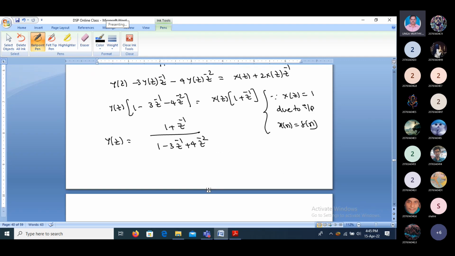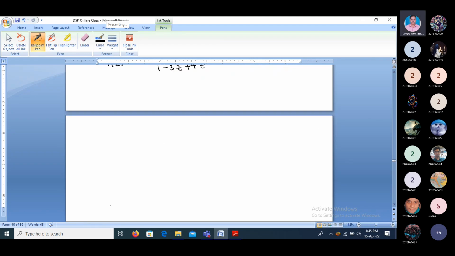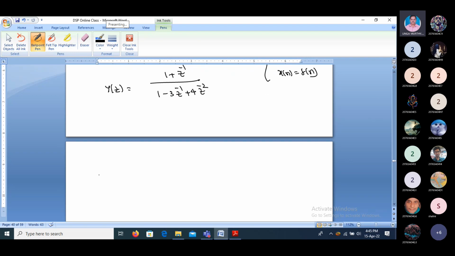So convert into positive powers of z. Then we can get the final answer. So apply the partial fractions. So Y of z is equal to 1 plus z inverse divided by z power of minus 2 common here, z square minus 3z minus 4. So finally, it is equal to z into z plus 1 divided by, because z power of minus 2 goes to the numerator here, so z square plus z.